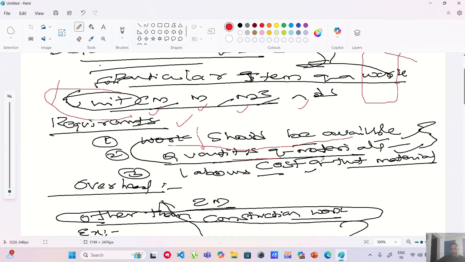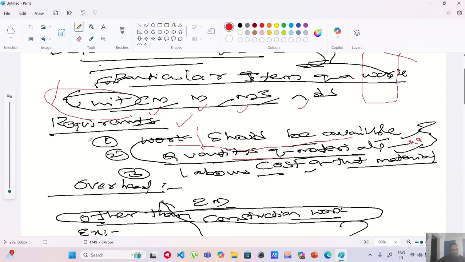Along with this, rates are also required. How to get the rates? By using standard schedule rates, which completely depend upon state-wide rates. If I'm in Andhra Pradesh, I need to use standard schedule rates of AP, from which we can get the rates of the different quantities of material.